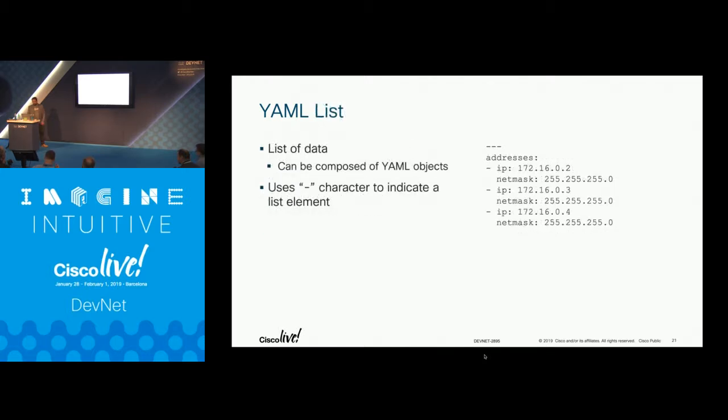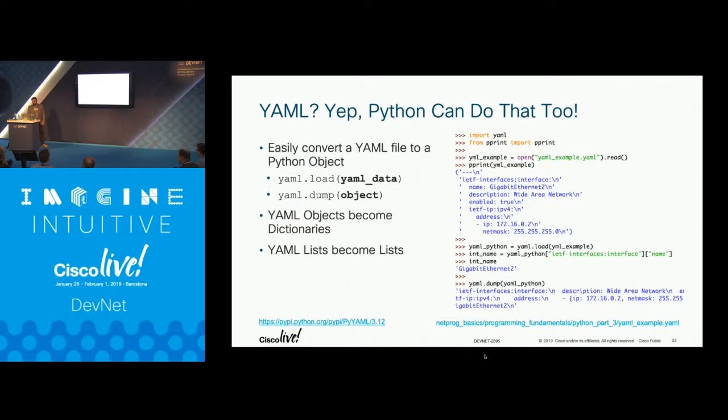I talk about all these things as they go. YAML list, so we just talked about that. So the notion of deserializing and reserializing YAML comes from YAML.load and YAML.dump, and they do basically the exact same thing that JSON.loads and JSON.dumps do when working with that particular file structure.